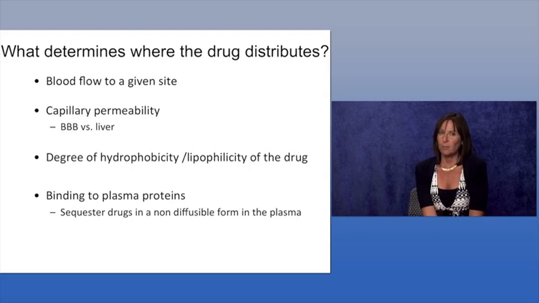A second point, very important, is capillary permeability. And here we're going to emphasize the difference between capillary permeability, for example, in the liver versus the brain. The brain has what is referred to as the blood-brain barrier. This is an extra layer of protection between the brain and the rest of the body that has, from an evolutionary perspective, evolved to try and protect the brain from any toxins that may exist anywhere else in the body.